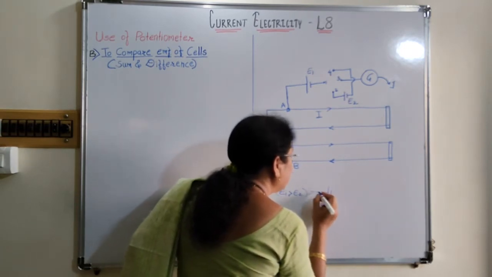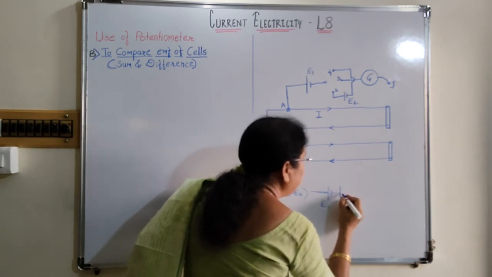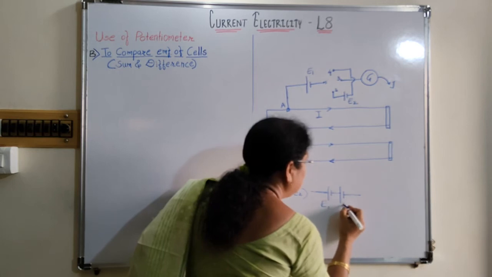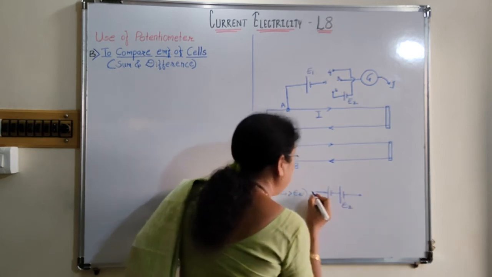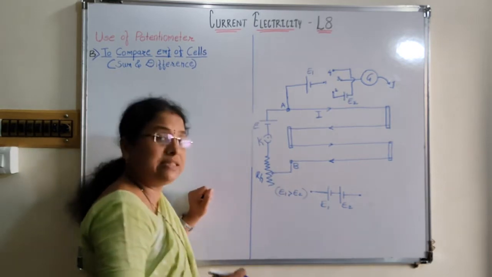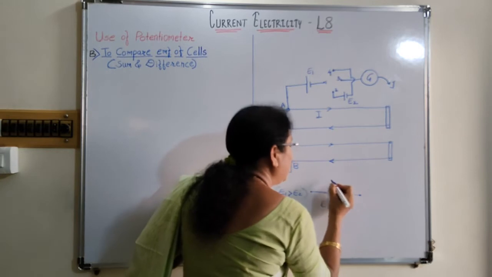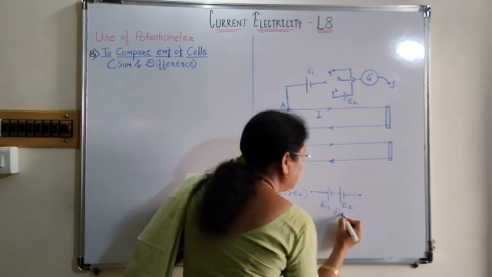When we connect the negative terminal of first cell to the positive terminal of the second cell, this is your E2. Then we can say the EMFs of the two cells are in assisting manner. There is the sum of the EMF and we get the total here E1 plus E2.